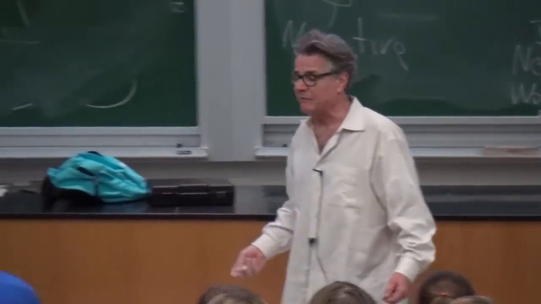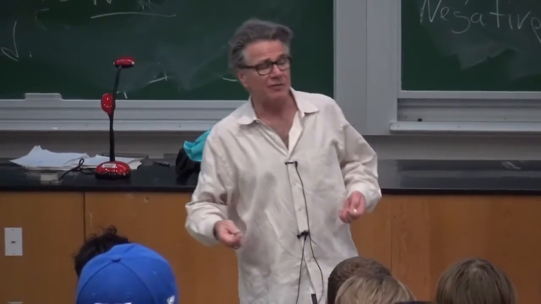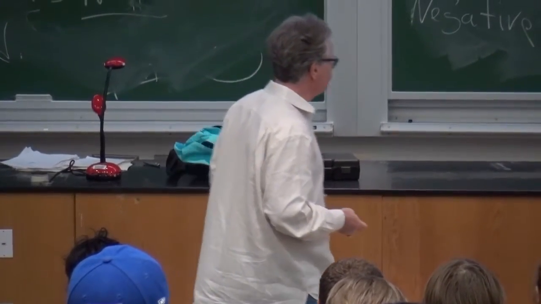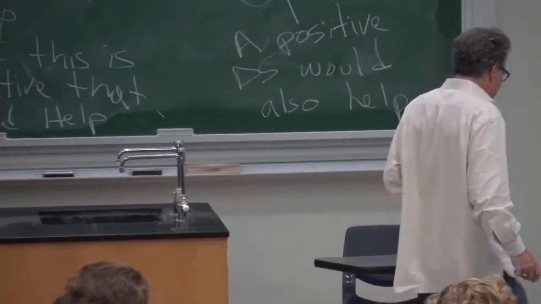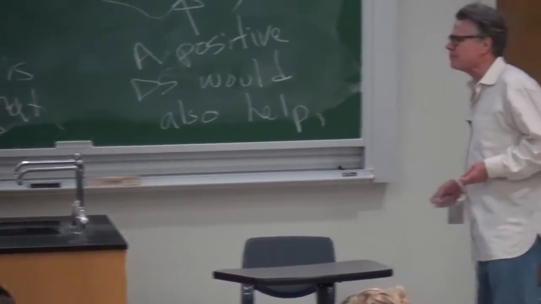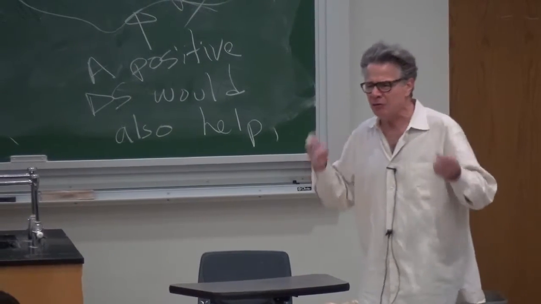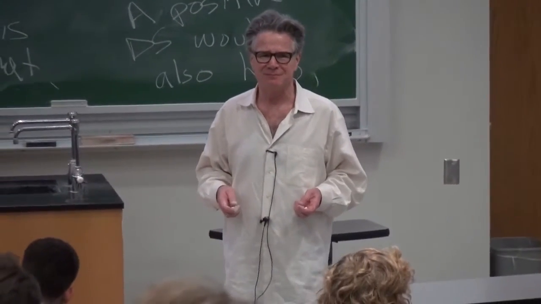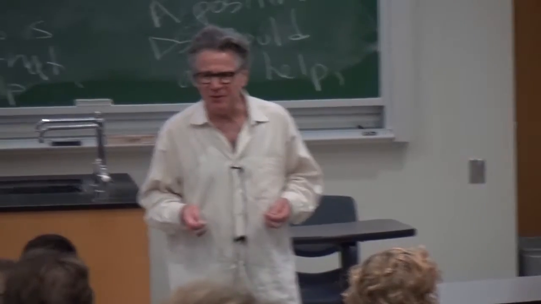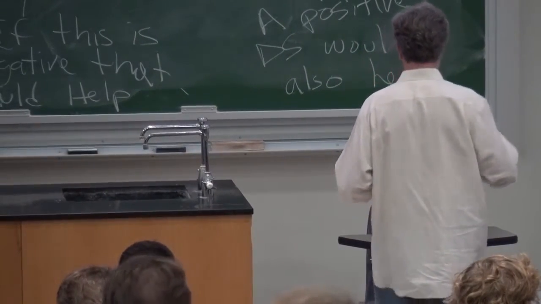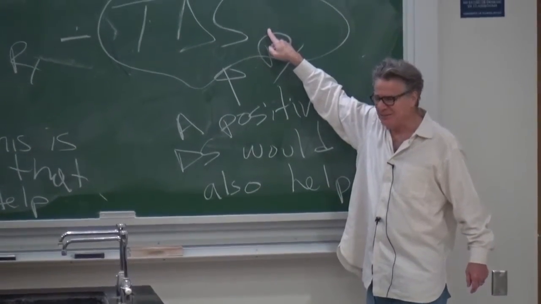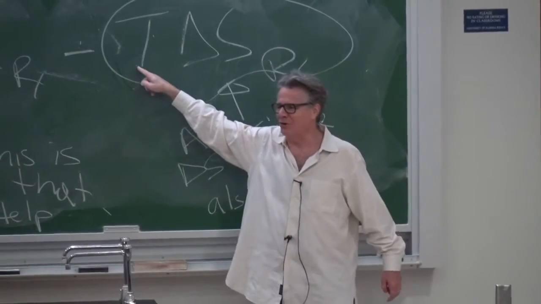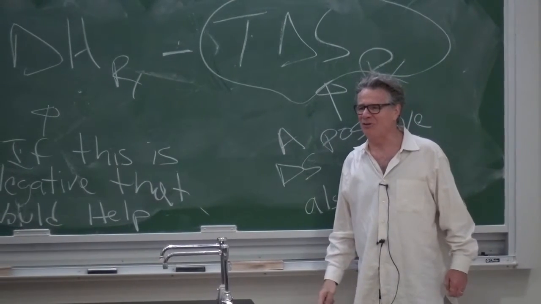The energy that you have to consume, if it's a negative entropy term, increases with temperature. So, and what that says is that entropy wins at high temperature. Entropy wins at high temperature. Whatever the delta S is becomes the dominant term at some very high temperature.